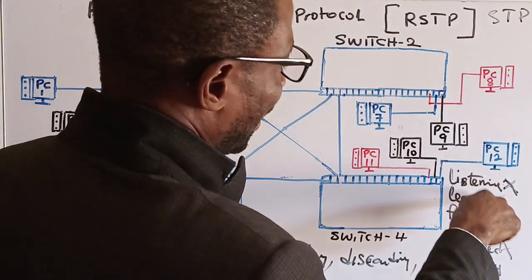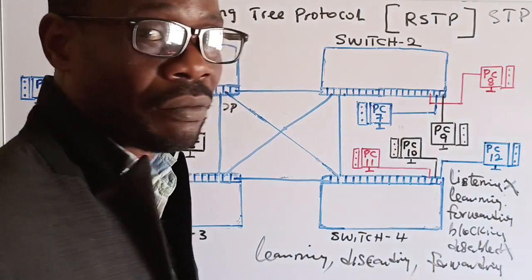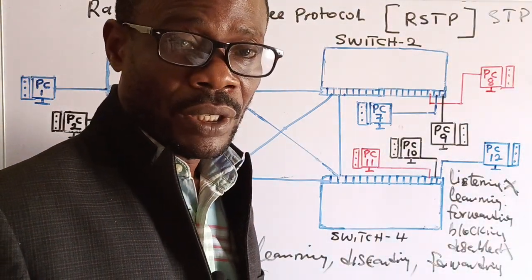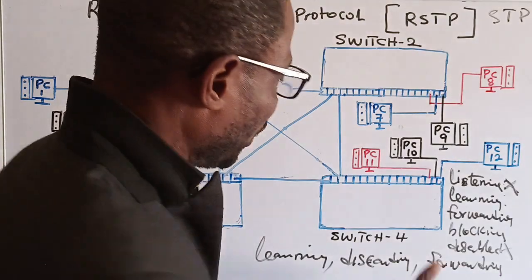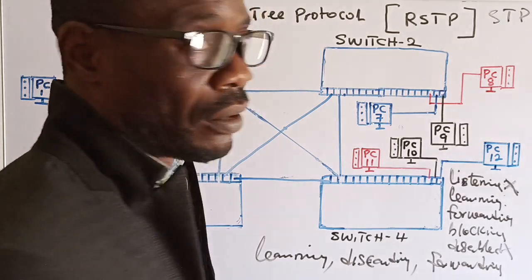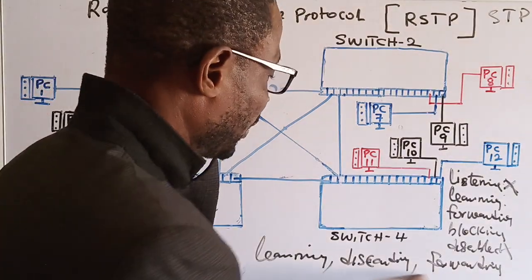STP has about 5 port modes which you need to go through before transitioning. So now we do this in under 6 seconds, while the other takes 50 seconds, which makes this the best.